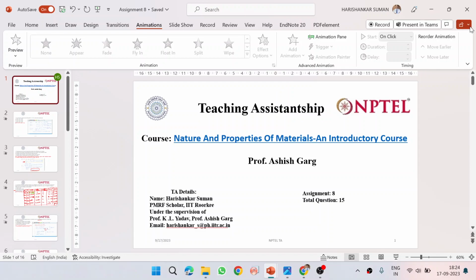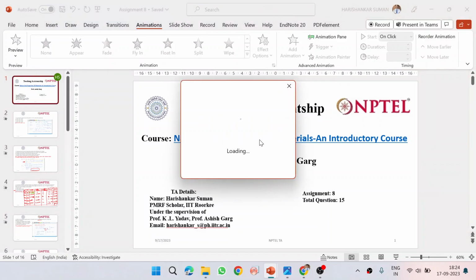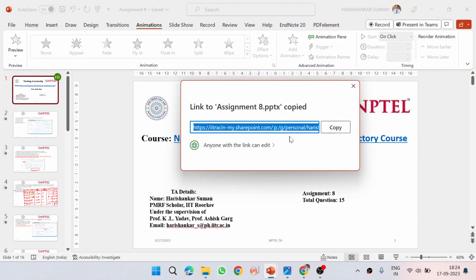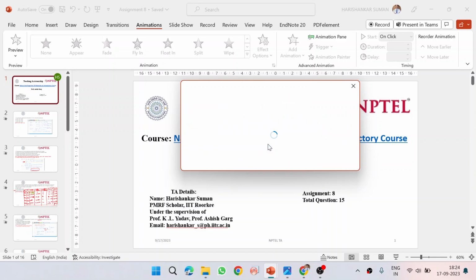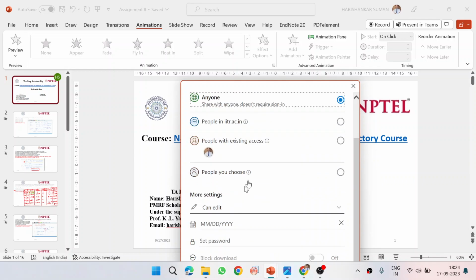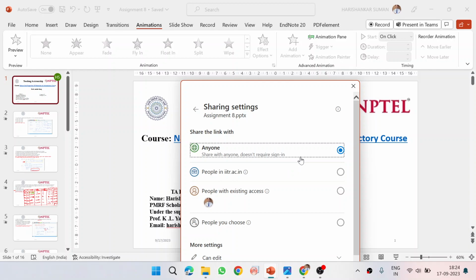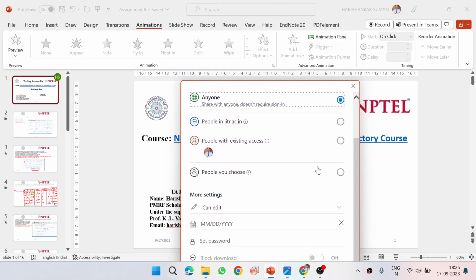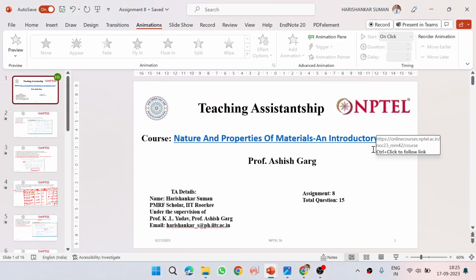For today, you can see only. So it's only for viewing. Let me modify it. Please don't modify anything.